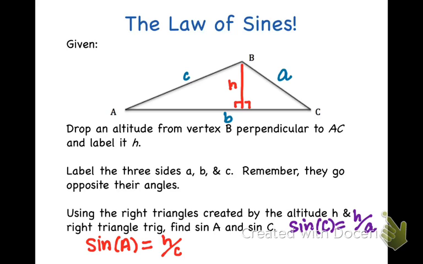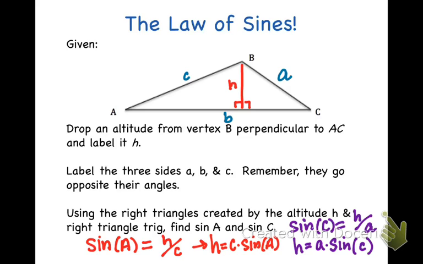So if I do that, this right here gives me h is equal to C times sine of A. The purple equation there tells me h is equal to A times sine of C. And if these are both equal to h, then they have to be equal to each other.